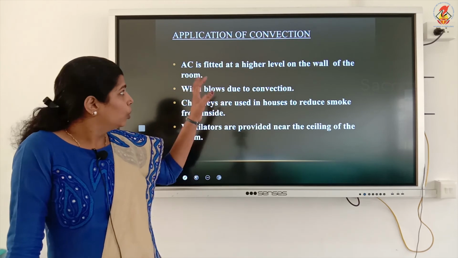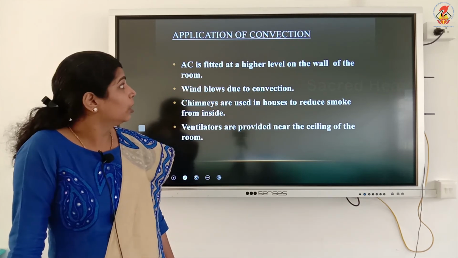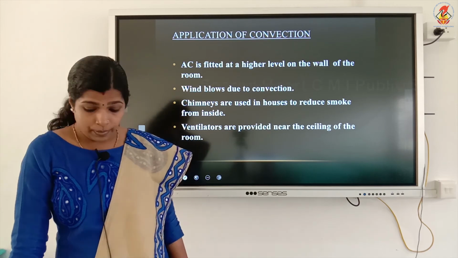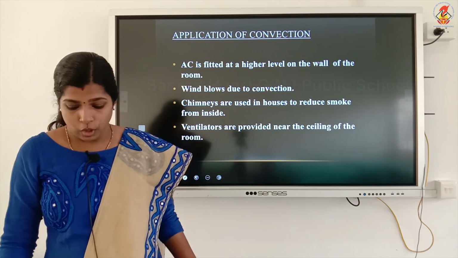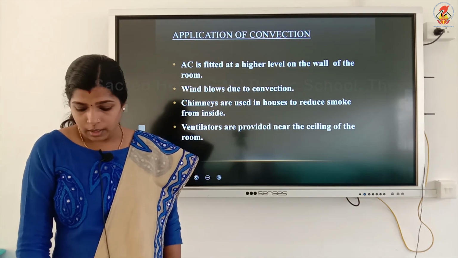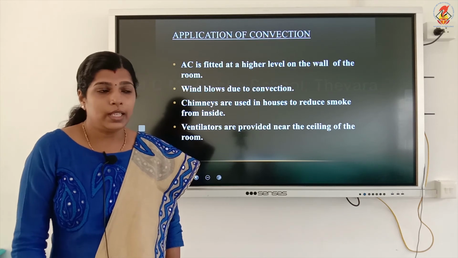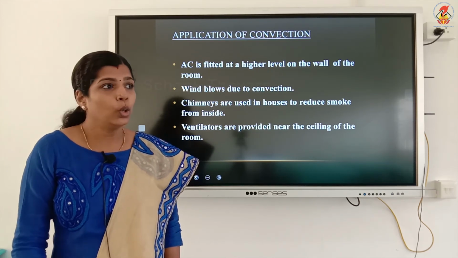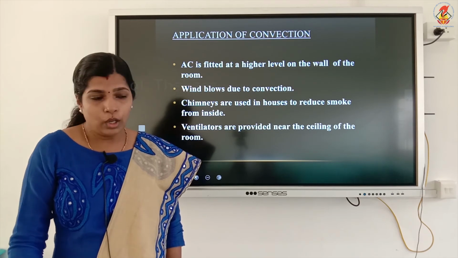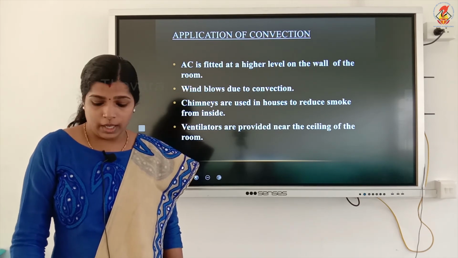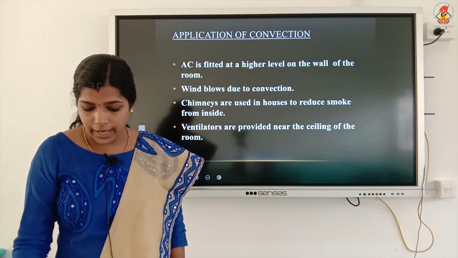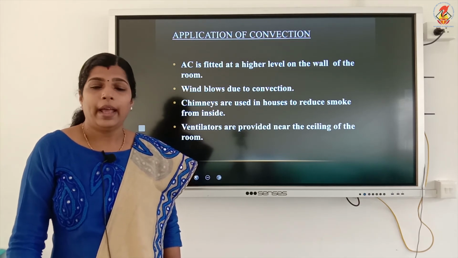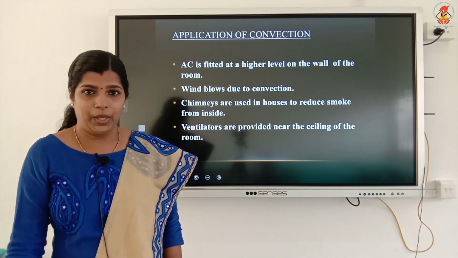Okay. So, AC is fitted at a higher level on the wall of the room. Cool air is heavier than hot air or warm air. The cool air from the AC is heavier and it will move downwards, whereas the hot air at the lower level moves up and gets cool and comes down again, and this process will repeat.